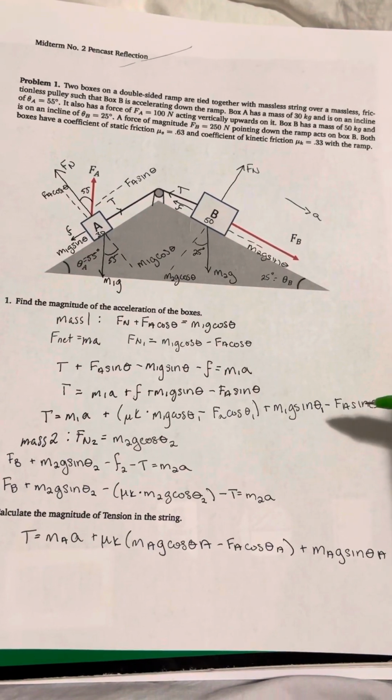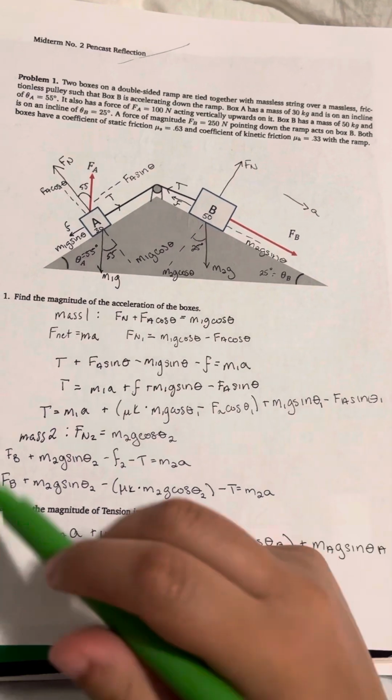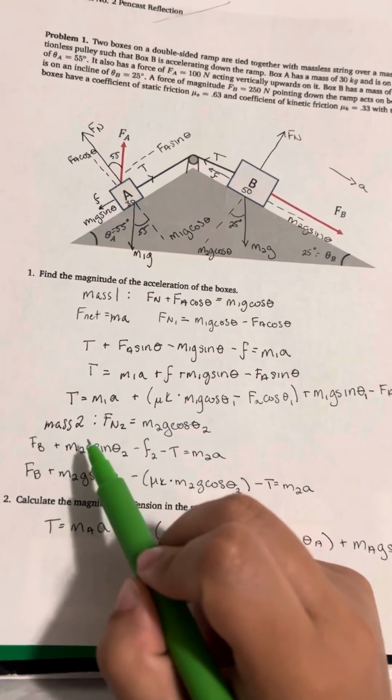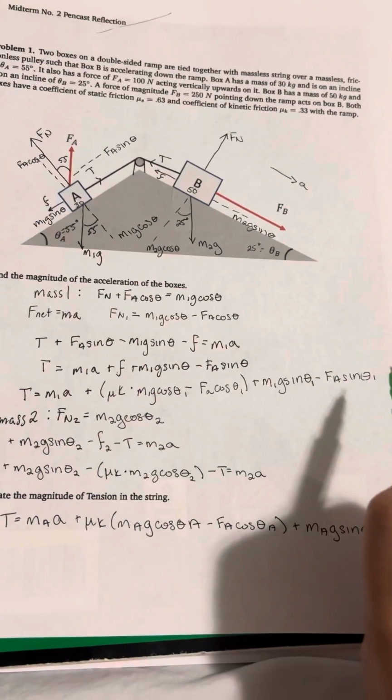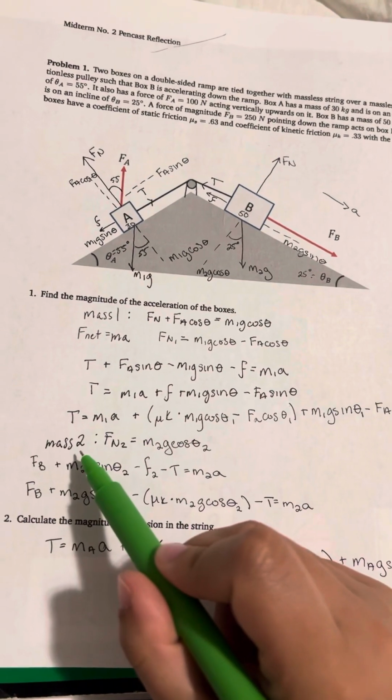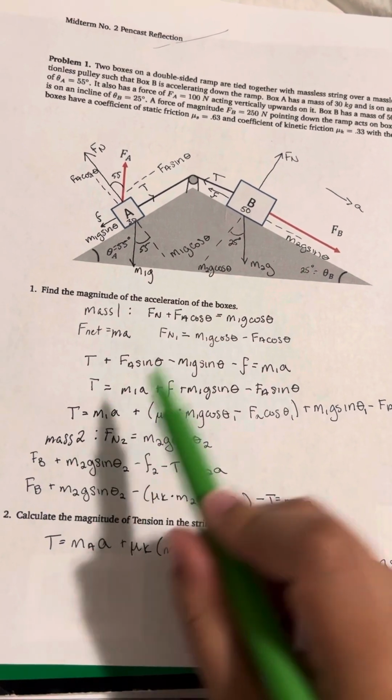So that is how we find T. And now that we have this part of our equation, we can move forward for mass 2, box 2.